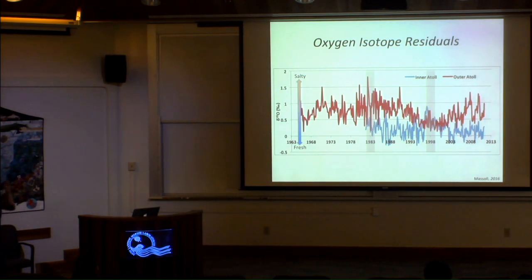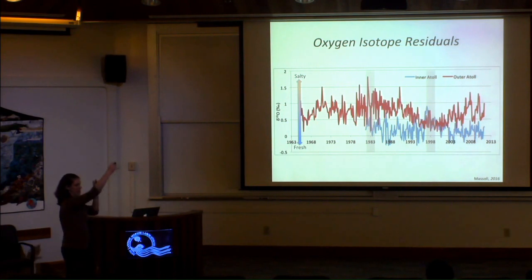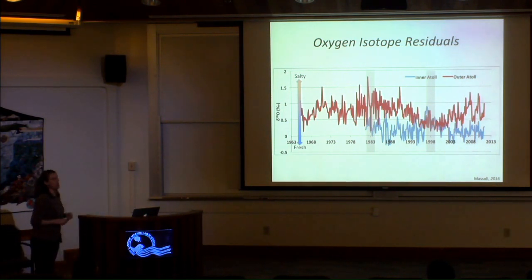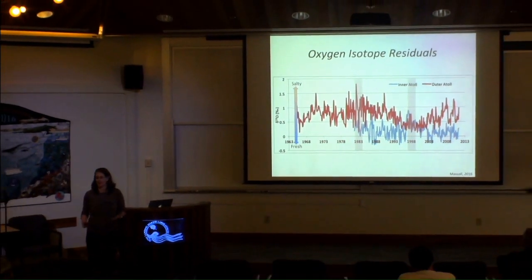So we said that we have the North Equatorial Current, that should be bringing water from the western Pacific warm pool, pushing that into the atoll from the west. During an El Nino, that relaxes.